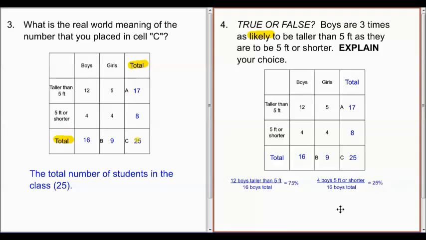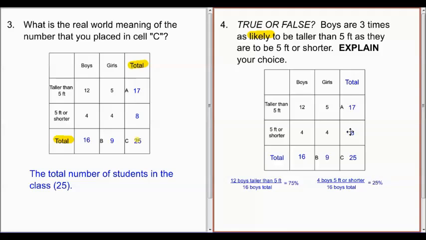And there's 4 boys that are 5 foot or shorter out of 16 boys total. So we got a 75% chance of a boy being taller than 5 foot and a 25% chance of a boy being 5 foot or shorter.